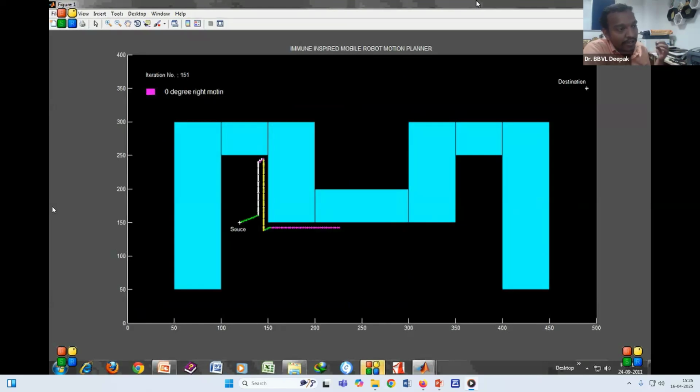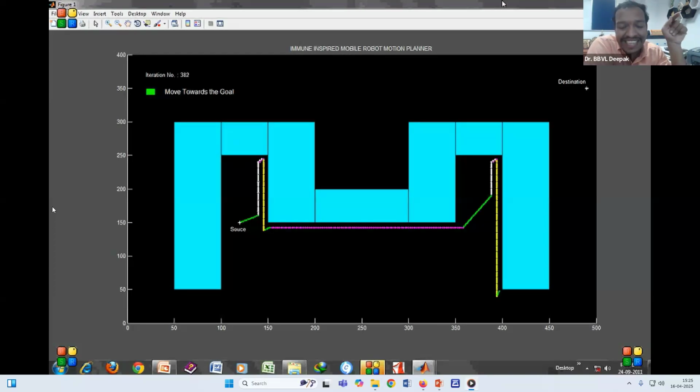Anyhow, the robot has to move towards the target. So the heading angle is one antibody: move towards the target. Another antibody is that if some object is present, move straight. If the object is in a trap, like a U-type or T-type or whatever it may be, in a trap situation, move the robot in the reverse direction.